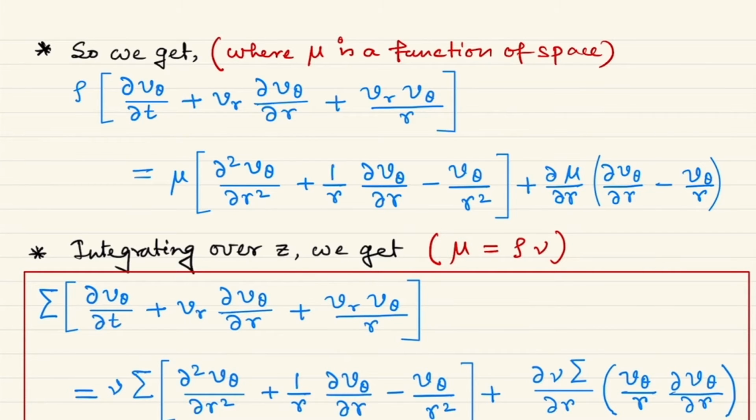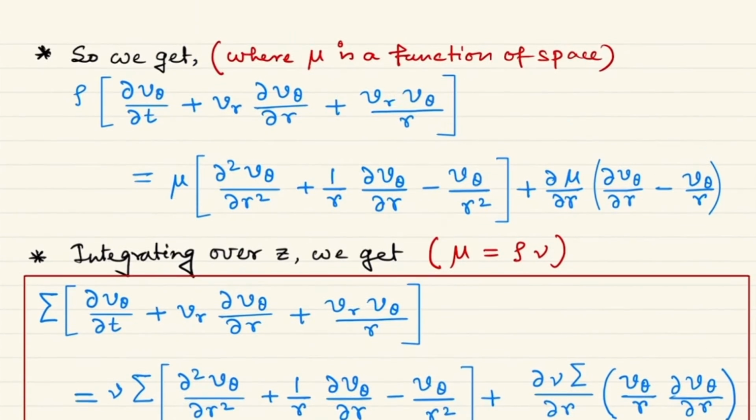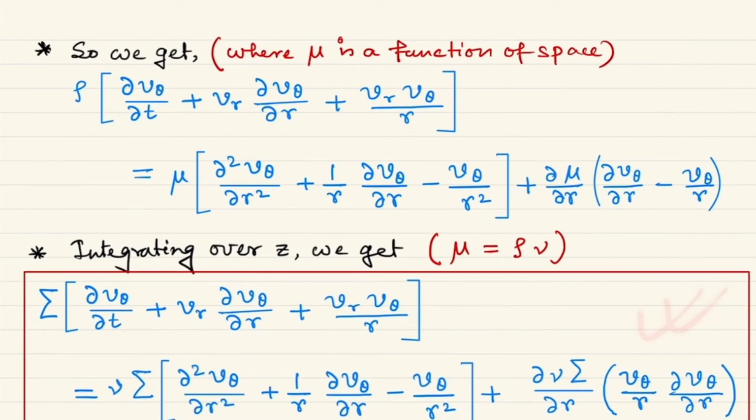So the right hand side is nu times sigma times del 2 v theta del r2 plus 1 by r del v theta del r minus v theta by r square, plus del nu sigma del r times del v theta del r minus v theta by r. That is something you can check. So this is also a good exercise to check.